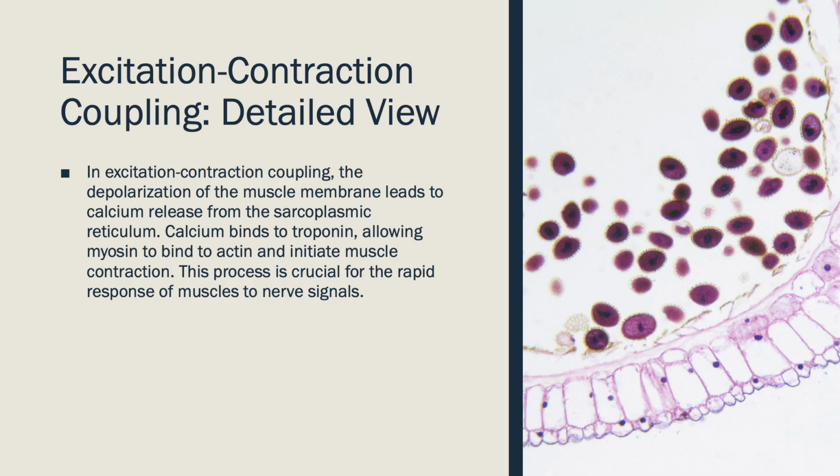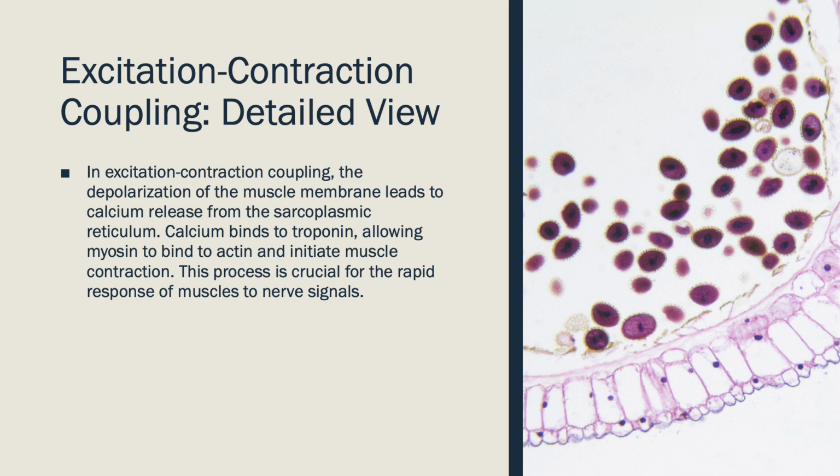Excitation-contraction coupling is that physiological process that links the electrical excitation of the muscle fiber to the mechanical contraction of the muscle. This starts with the depolarization of the muscle membrane following the binding of acetylcholine to those nicotinic receptors. The depolarization spreads along the sarcolemma down the T-tubules, causing the sarcoplasmic reticulum to release calcium into the muscle cell's cytoplasm.